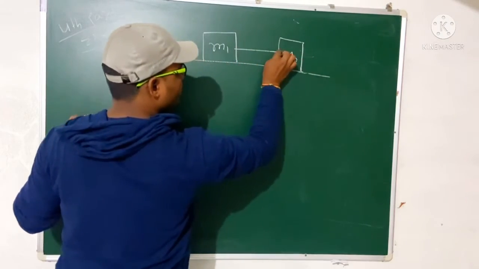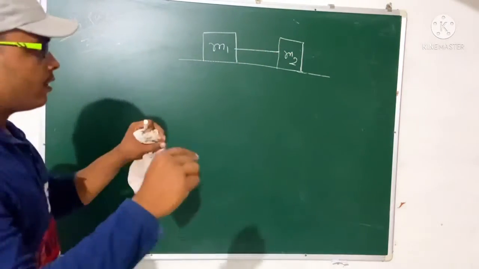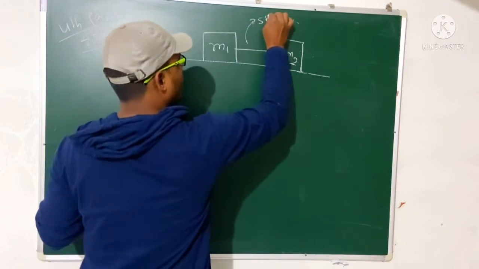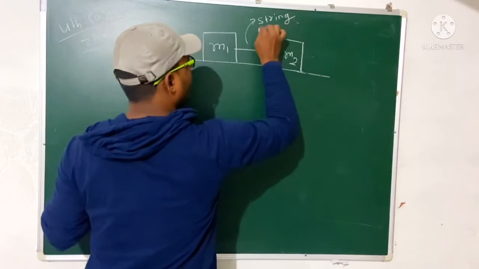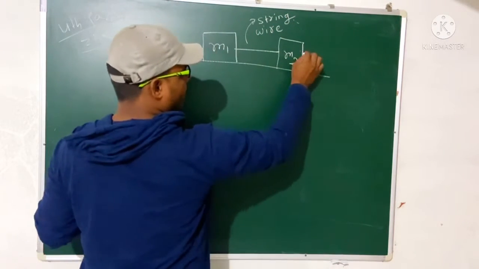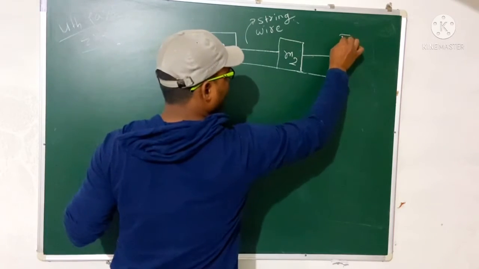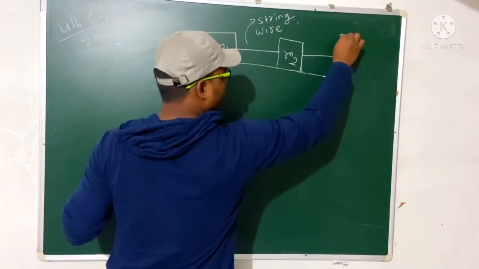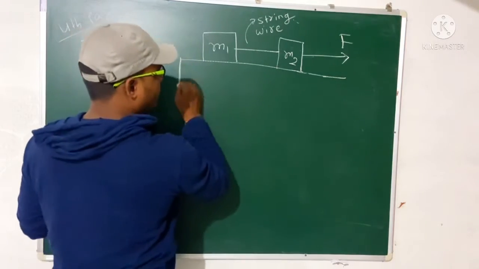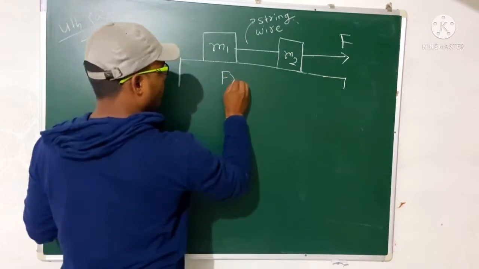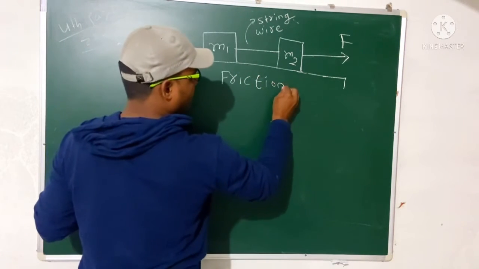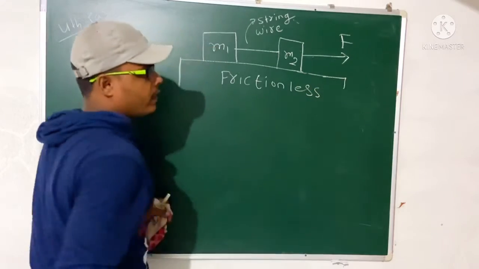They are connected through a string or wire, and these two masses are pulled by some force F. This is a table that is frictionless. Remember, there is no friction.